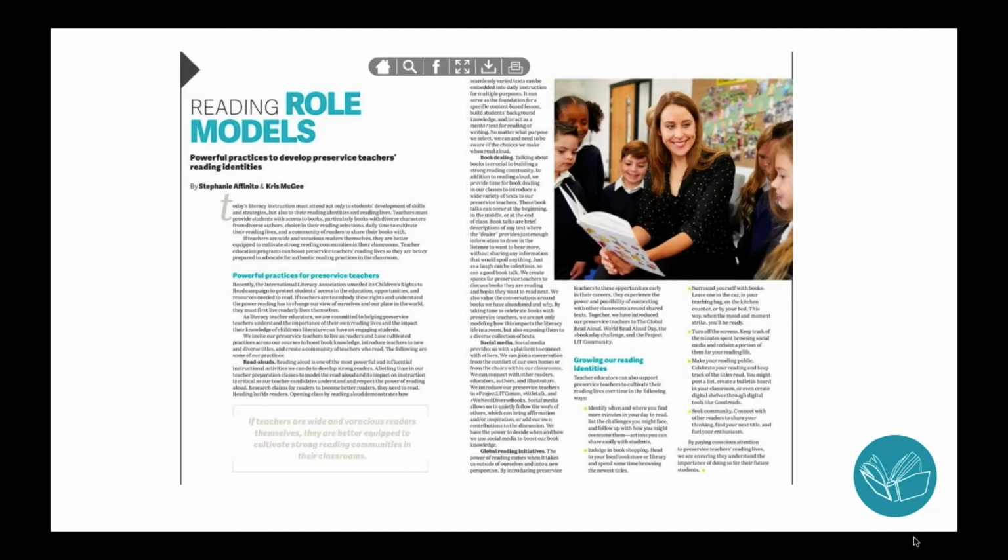Here's an example of another kind of publication. This is, I believe, from the Reading Teacher, which is a publication of the International Literacy Association. This is not research, this is an opinion piece. So just because something's in print, just because it's printed in a journal, doesn't mean that it's research.